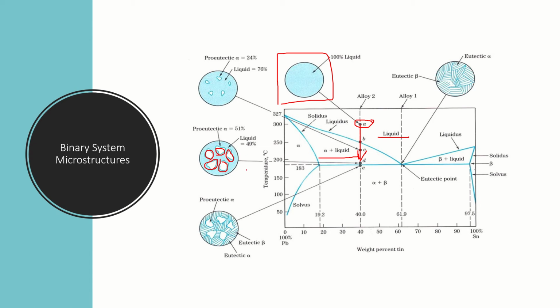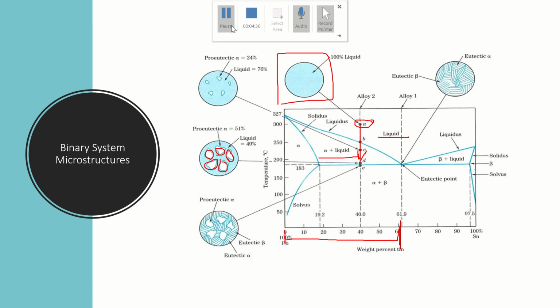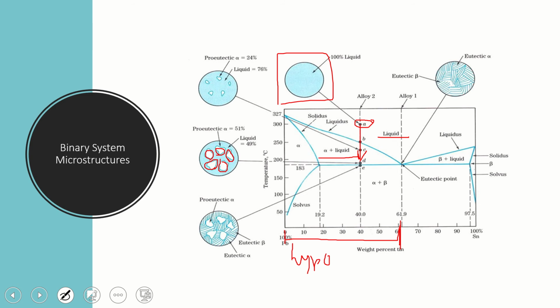Now, this period right here is the transformation of the microstructures in the hypoeutectic compositions, which are compositions before the eutectic composition.